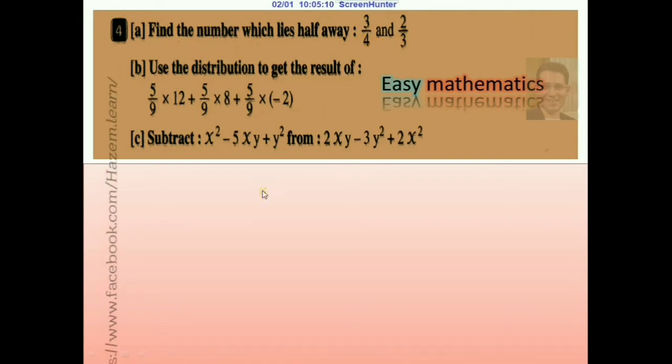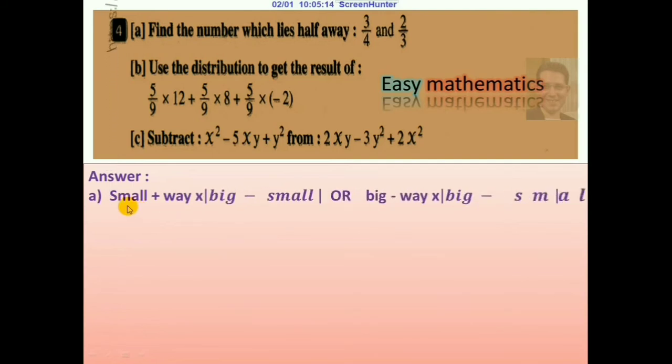As a first step, we must study this rule very well. The first rule says small plus weight times absolute big minus small, or the second one, big minus weight times absolute big minus small. Which rule here is suitable? In case he asks me to find the rational number at halfway, we can use any one of them.